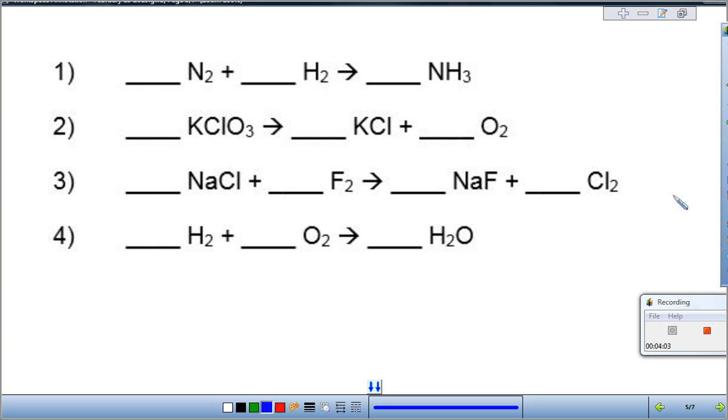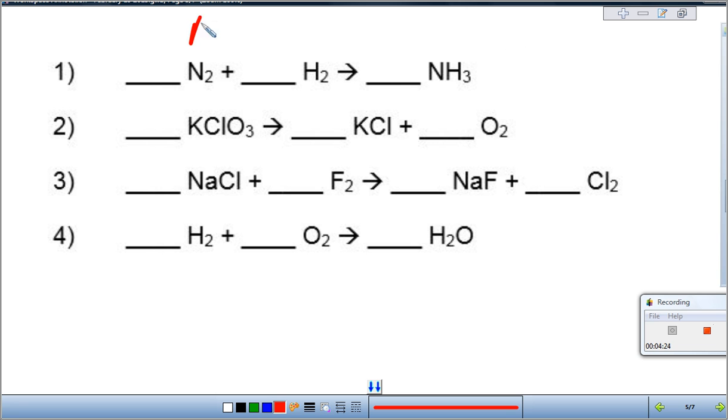So let's look at some examples here. So number one, I pulled this from an old worksheet for balancing reactions. So let's not worry about balancing them. Let's just look at the reaction itself and try to classify it. So we have N2 reacting with H2 to make NH3. So besides not being balanced, we see that the nitrogens are coming together with the hydrogens.